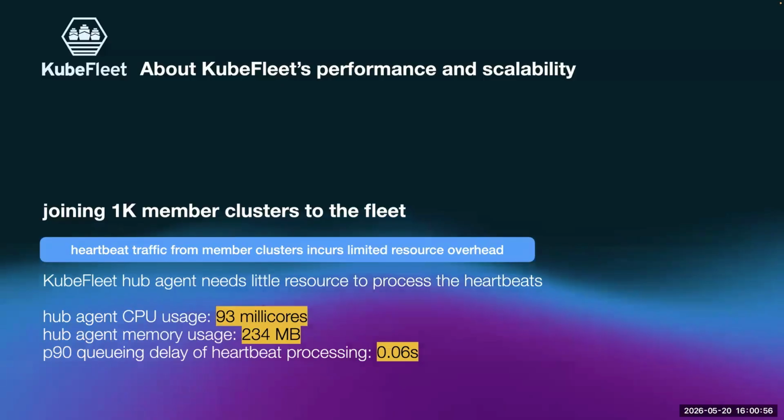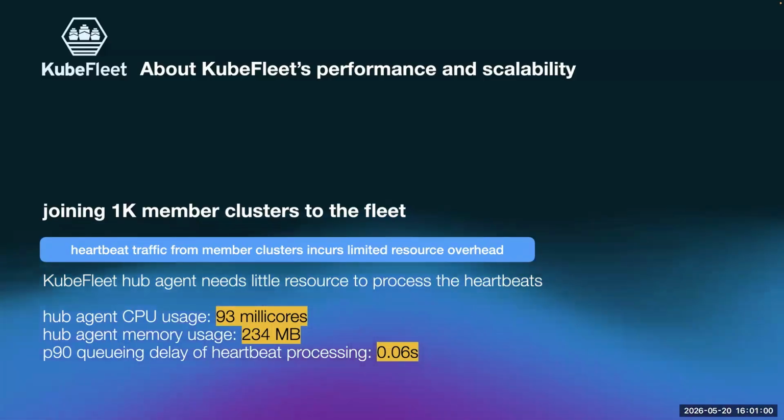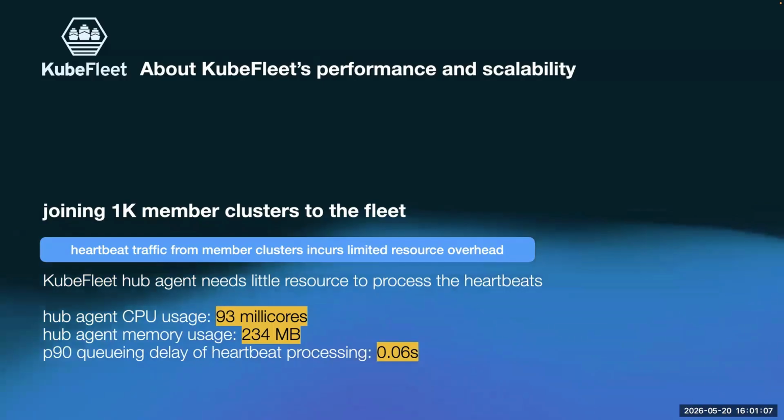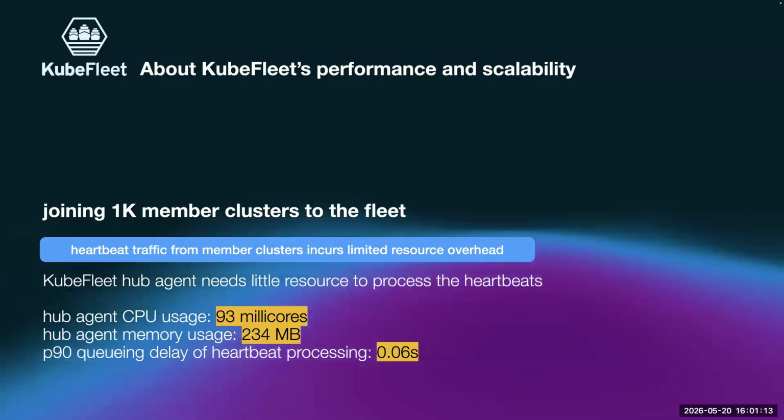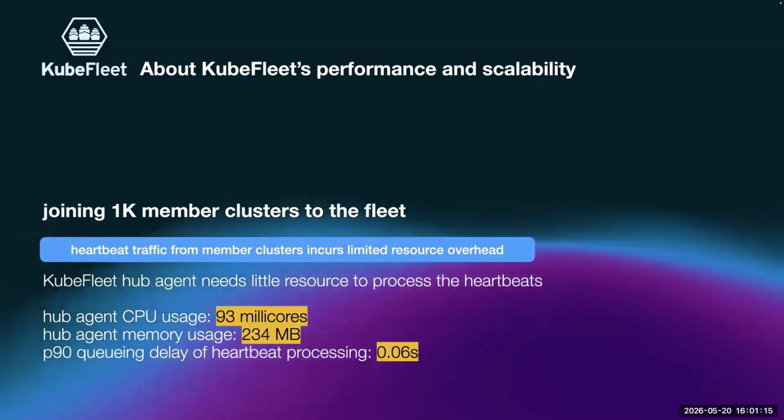When there are 1,000 member clusters in the fleet, you can see that the hub agent takes very little effort to process those heartbeats. The CPU usage was less than 100 millicores. The memory usage was something around 200 megabytes. And there's virtually no delay when processing all those heartbeat signals.